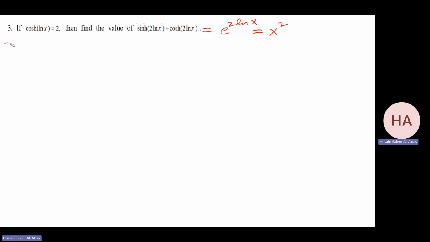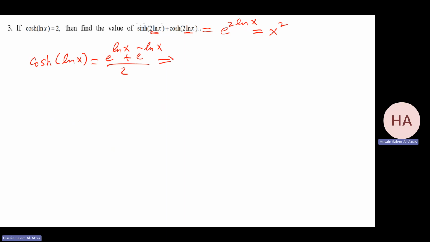Which is x squared. Correct? This is t. Sinh t plus cosh t will be e to the power t. It will be 2 ln x, so that will be x squared. Now, cosh of ln x is equal to what? e to the power ln x plus e to the power minus ln x over 2.